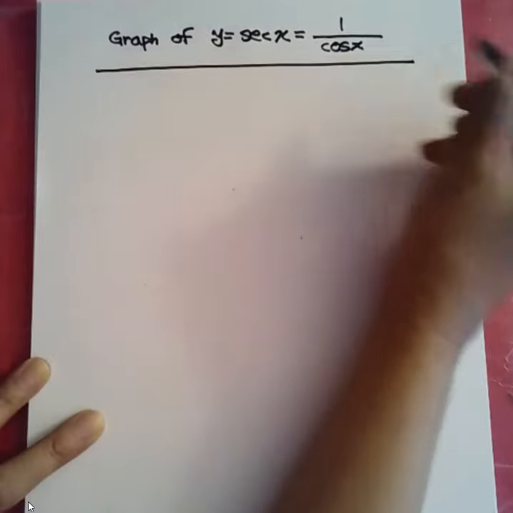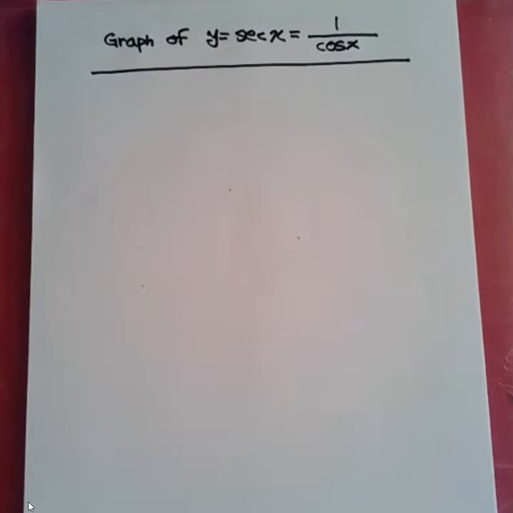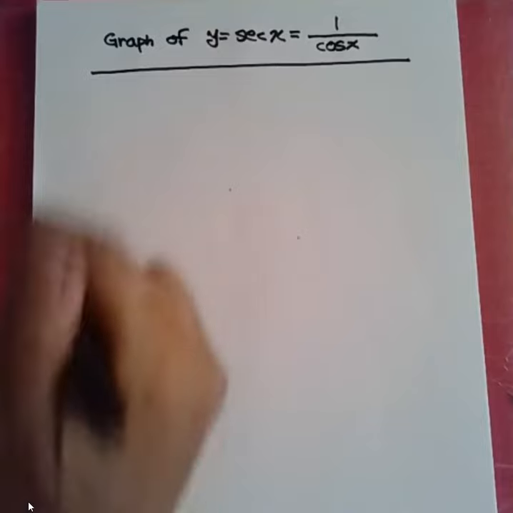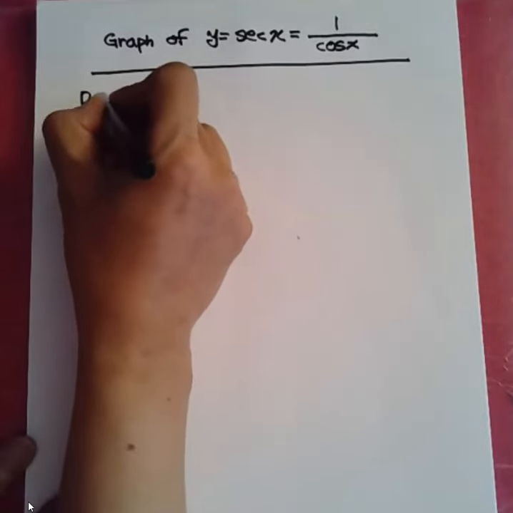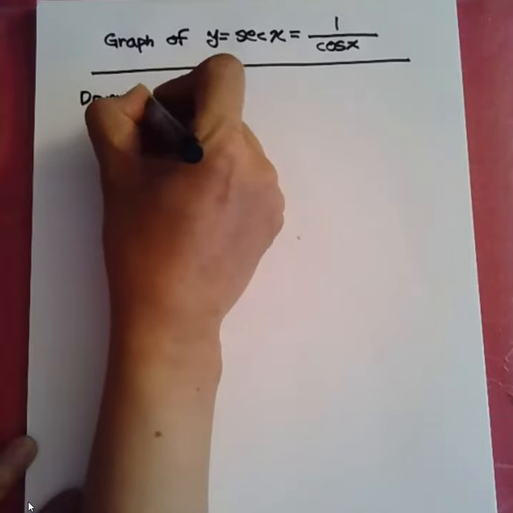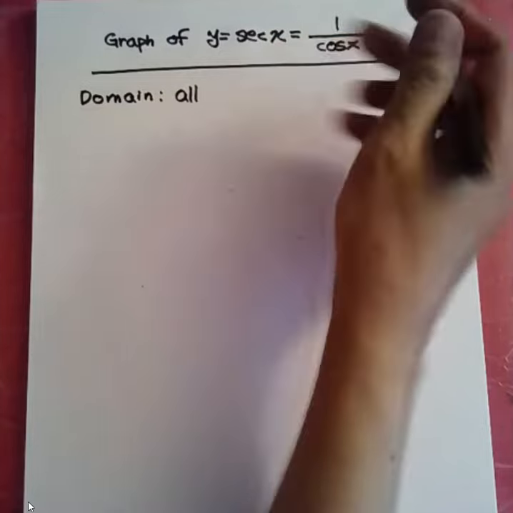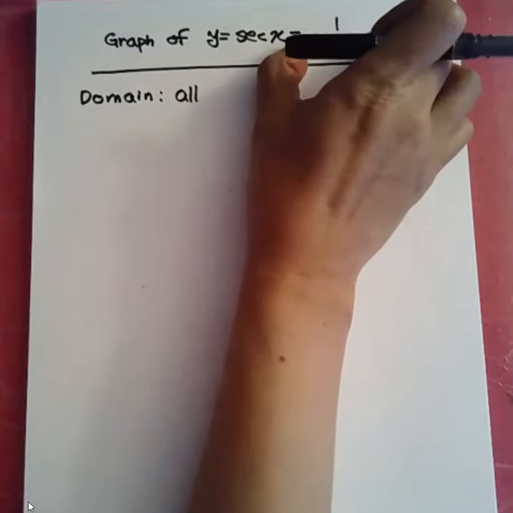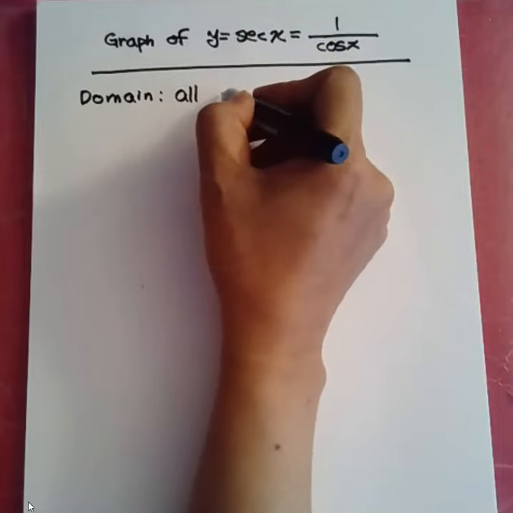But the numerator will never become 0. That means secant function doesn't have any 0. What we discussed previously was the domain is all real numbers except the x value, which makes the denominator, which is cosine value, 0.